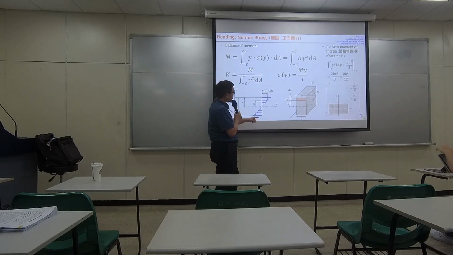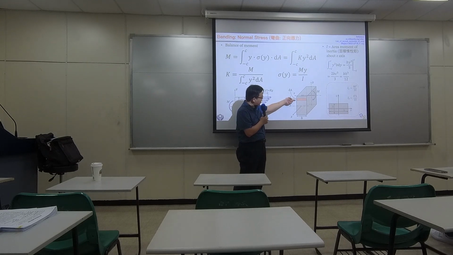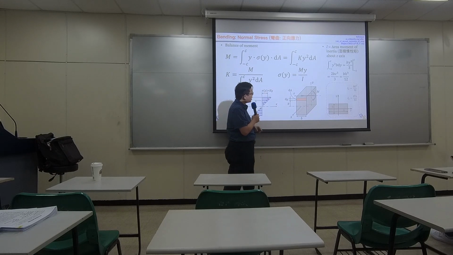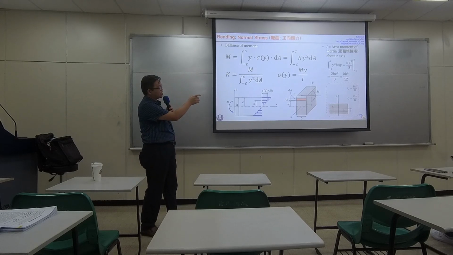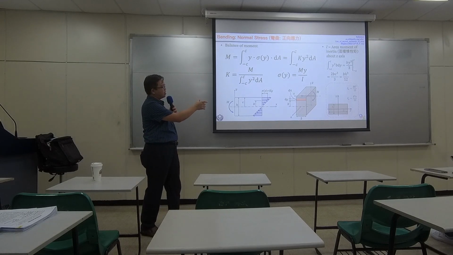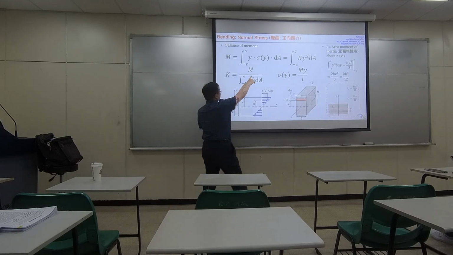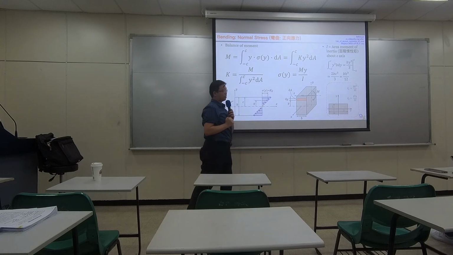This is a little bit higher than the location we observe, so the y represents where we are observing. This is a small area, and we want to compute the force applied on that pink area. If you use stress multiply area, you have force.